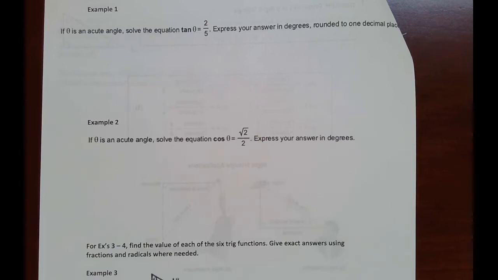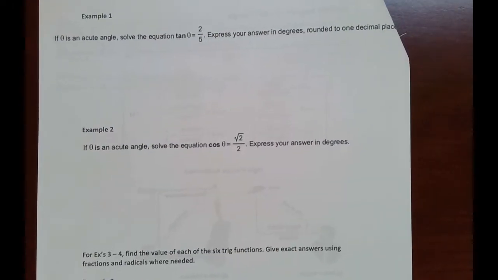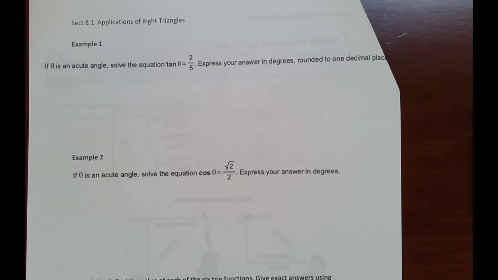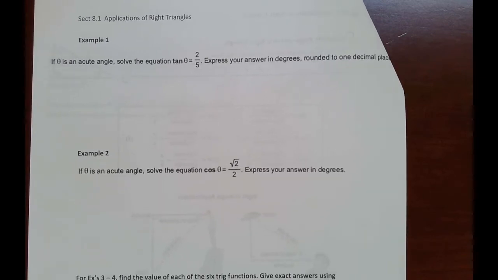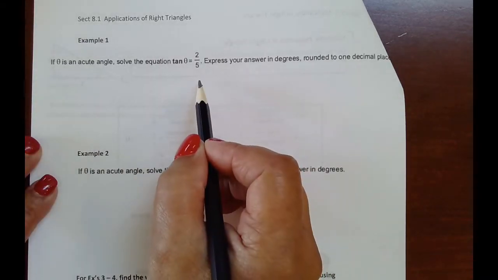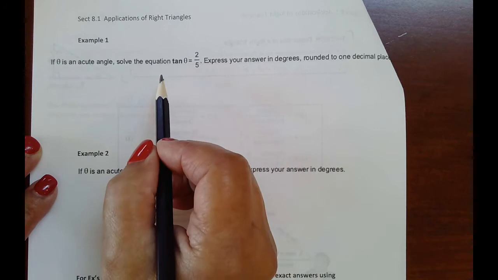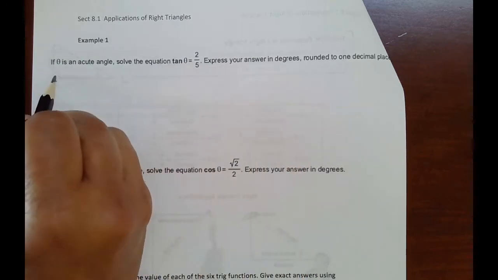You will be using it quite a bit once you get started with the application problems. So just a real quick reminder of what gets you an angle, and that is knowing how to rewrite this as an inverse.